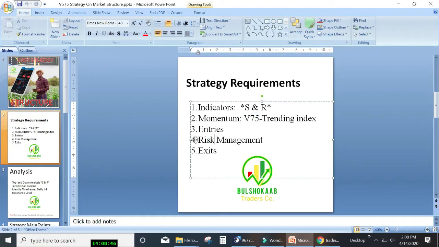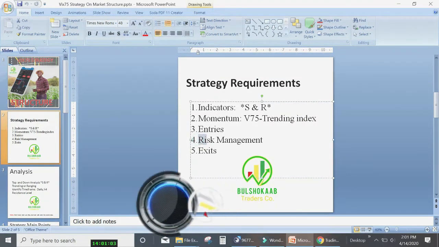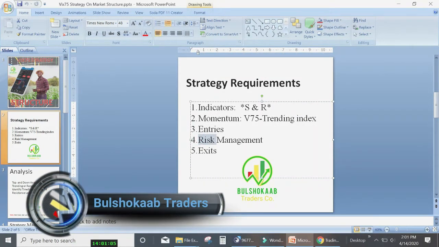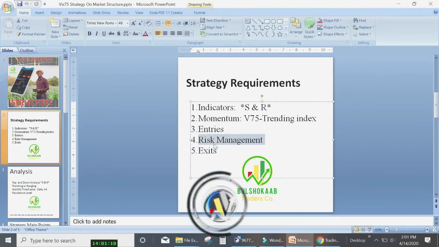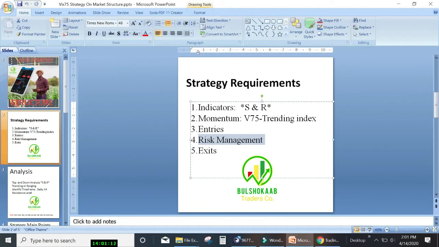In number 4, a trader must have the ability to manage any risk, because when you are a trader, you know the price action or the price movement, sometimes in retracements or reversals, can make breakouts or break your analysis, whether it's up or down.